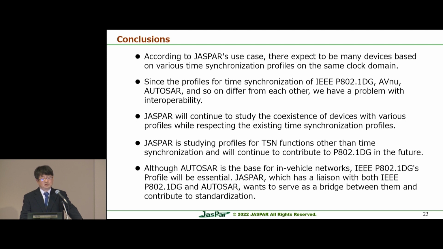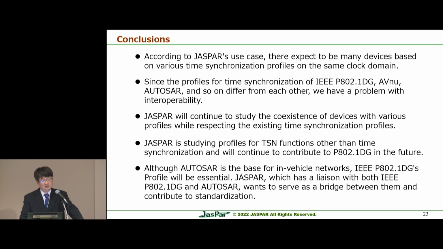So, JASPAR will continue to study the coexistence of devices with various profiles, while respecting the existing time synchronization profiles. And JASPAR is studying profiles for TSN functions other than time synchronization. And we will continue to contribute to IEEE P802.1DZ in the future.